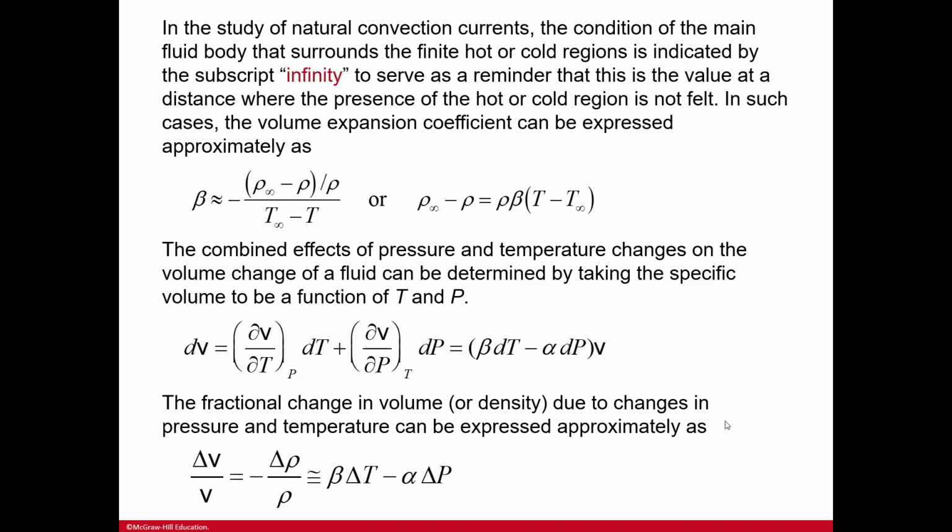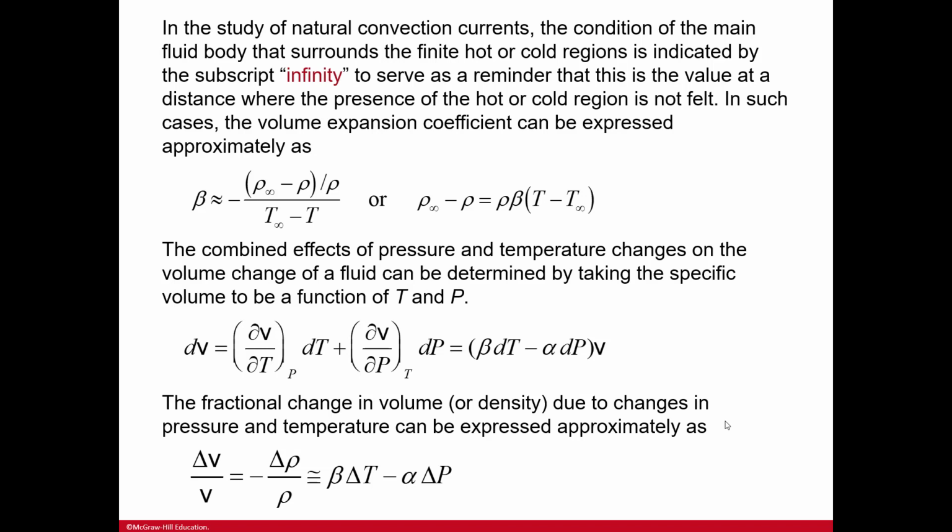In the study of natural convection currents, the condition of the main fluid body that surrounds the finite hot or cold regions is indicated by a subscript infinity, as a reminder that this is the value at a distance where the presence of the hot or cold region is not felt.